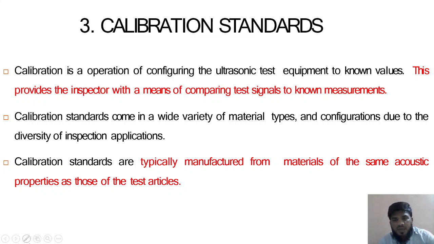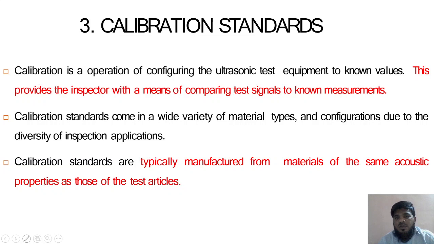So he is calibrating your vegetables with some standard, and that standard is your 1 kg stone. Similarly, in ultrasonics also we have to calibrate the devices with some standards. So for that we have calibration standard devices. This provides the inspector, that is the person who is trying to measure, with some means of comparing the test signals to known measurements.